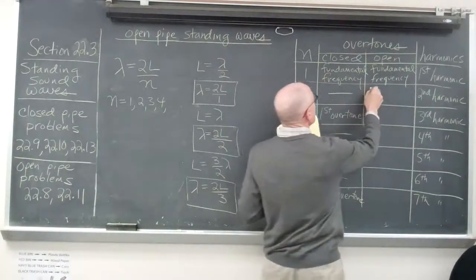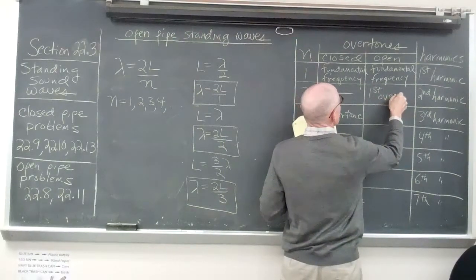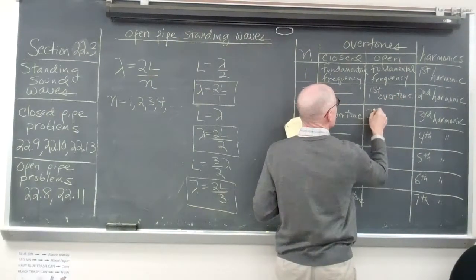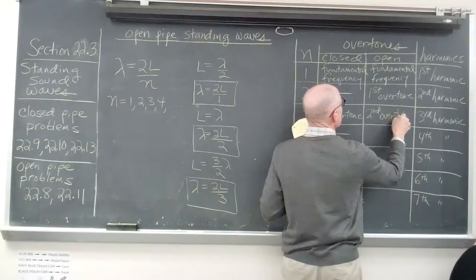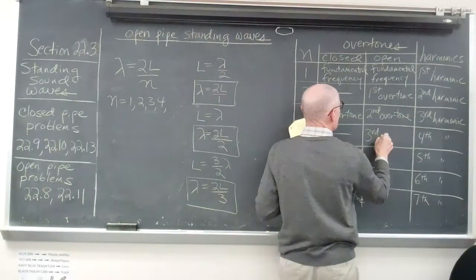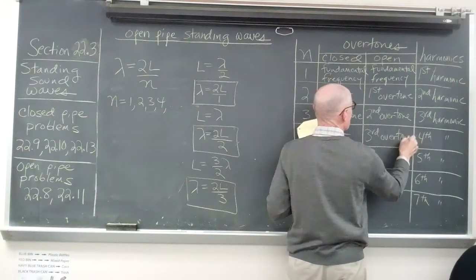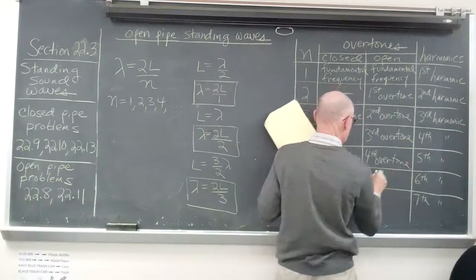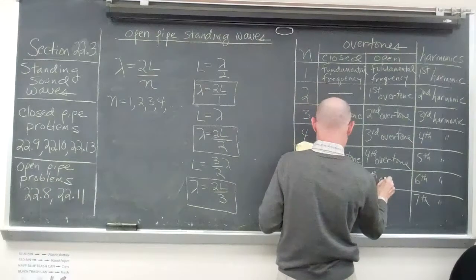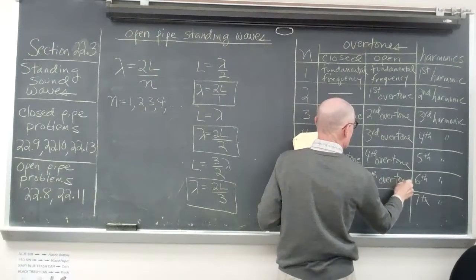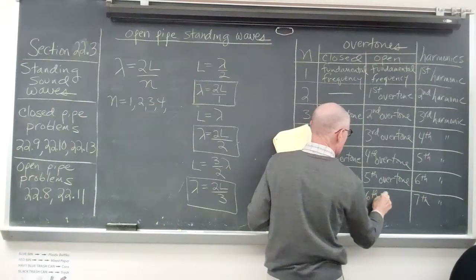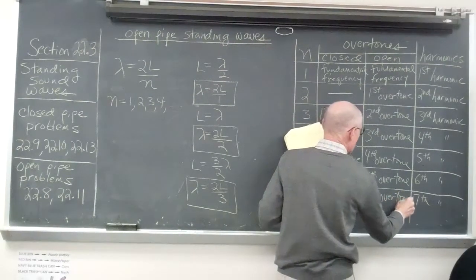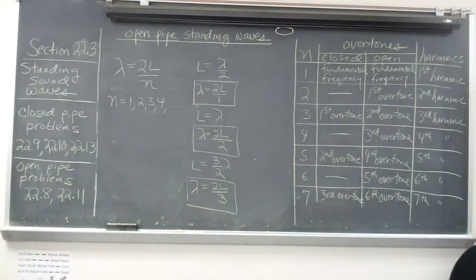And then we have the first overtone, so you can see why it's important to have that table available.